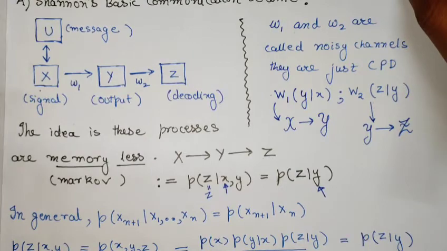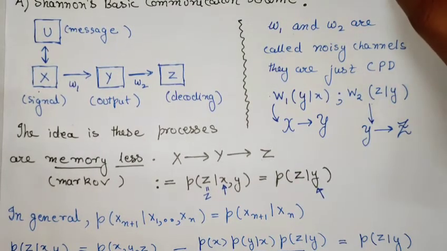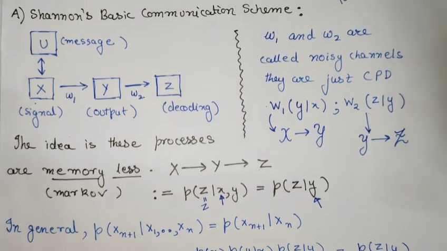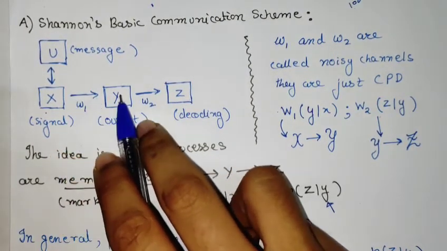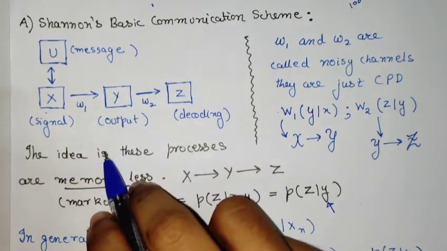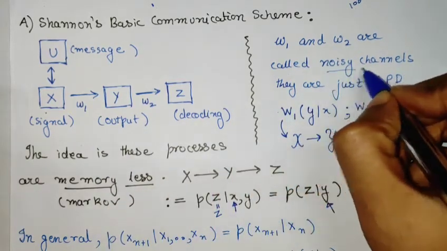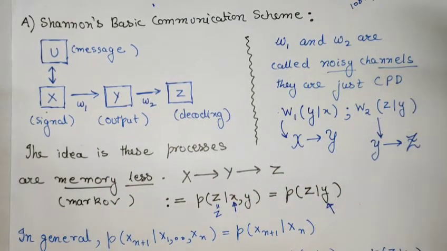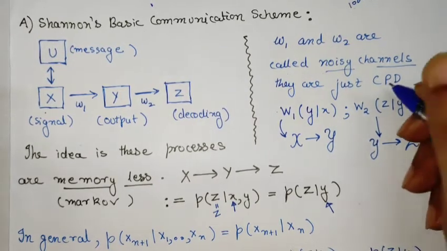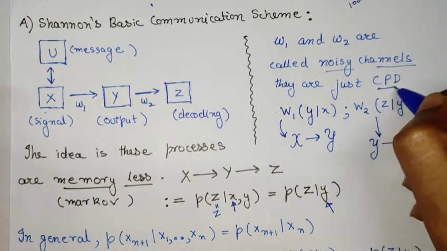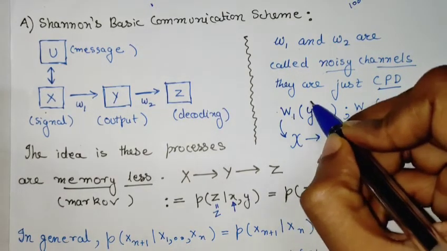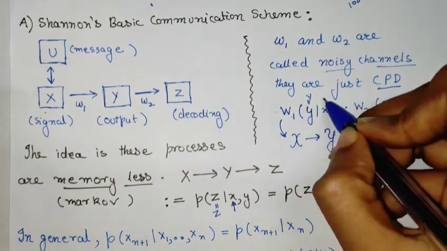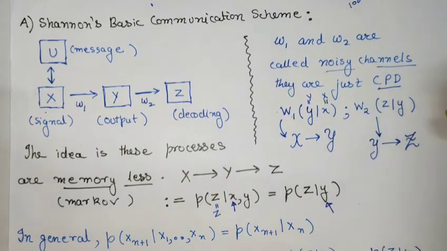This is in general true in most cases, and particularly the channels that we see transmitting this data are what we call noisy channels. What this means is that you specify a noisy channel if you just provide the conditional probability distribution. Suppose the probability that capital Y will be small y given capital X is small x.